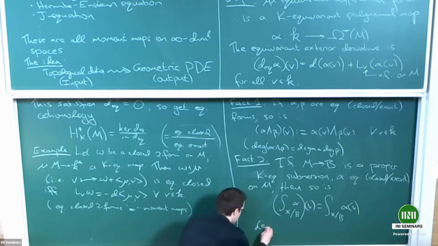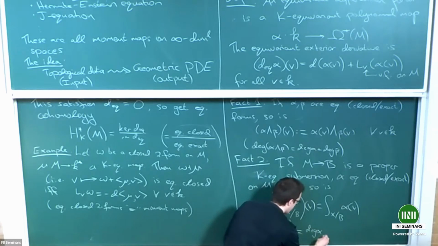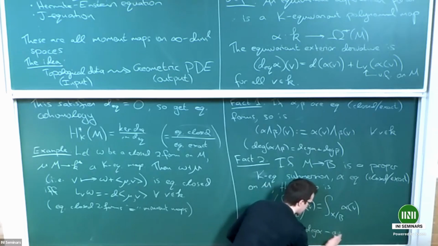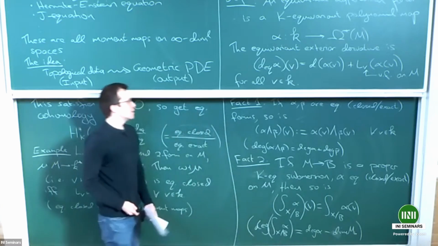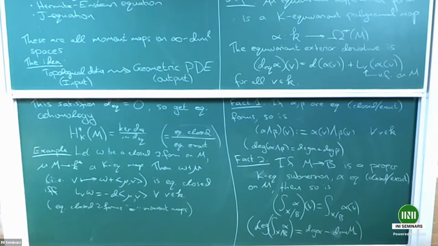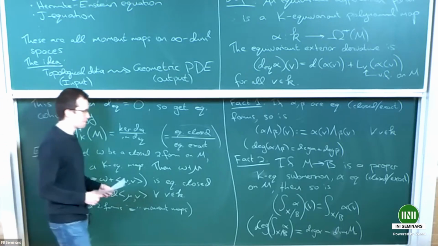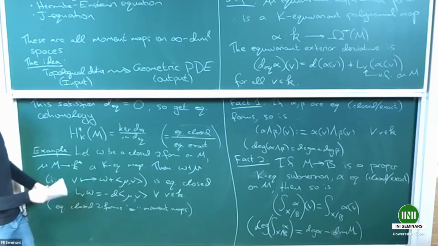So the degree of this fiber integral is just the degree of alpha minus the dimension of a fiber, which is m minus b. Yes, I've got a proper submersion, so I can integrate. Oh, that's m, sorry.